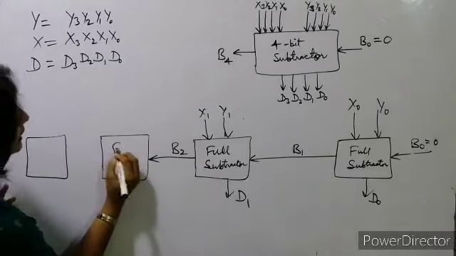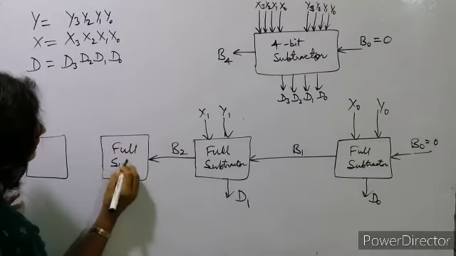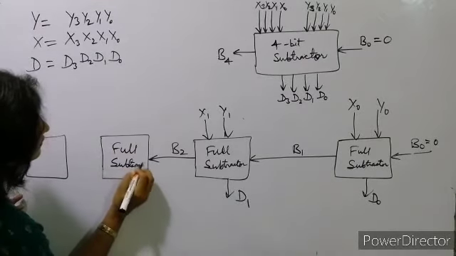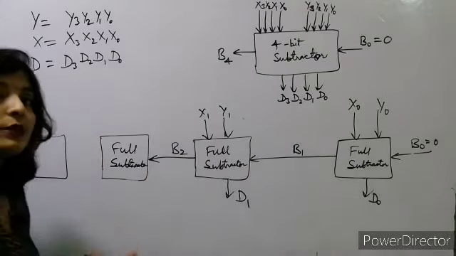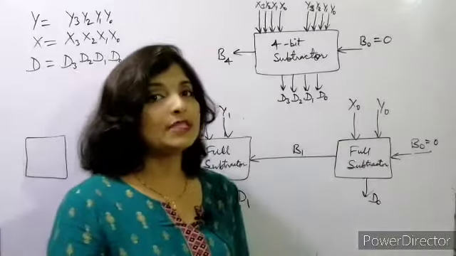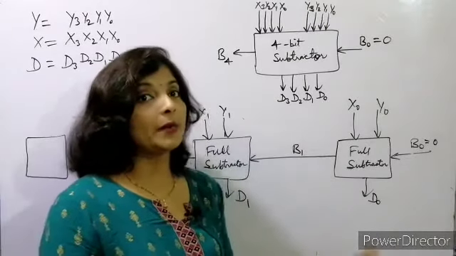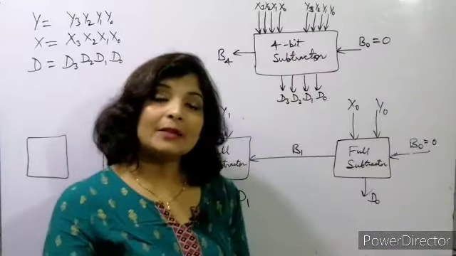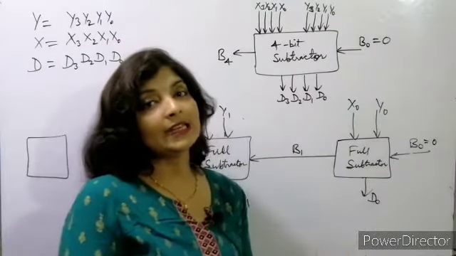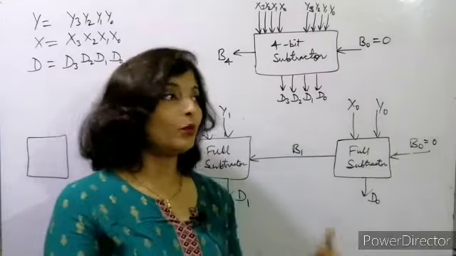Okay, so again there is one more full subtractor. So these are all 1-bit full subtractors. A full subtractor can take only 1 bit, but when we are talking about an n-bit subtractor it will look like this, and an n-bit subtractor we consider as a borrow ripple subtractor. How does it work?